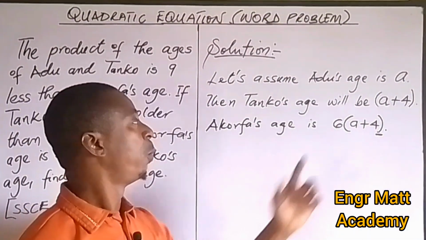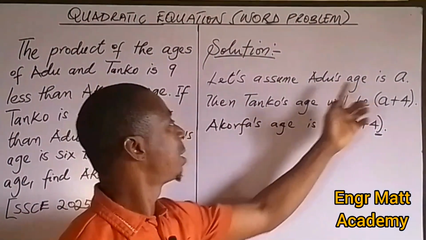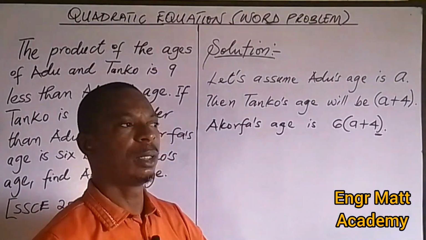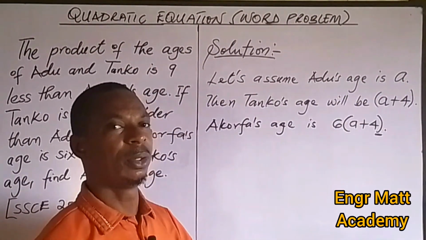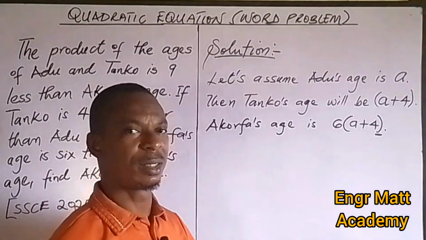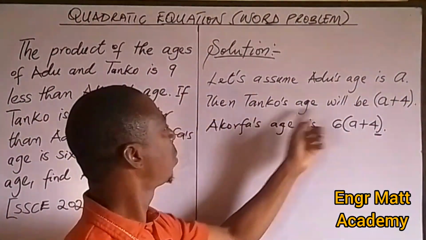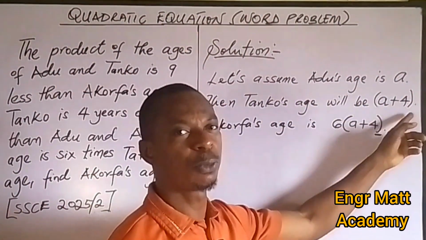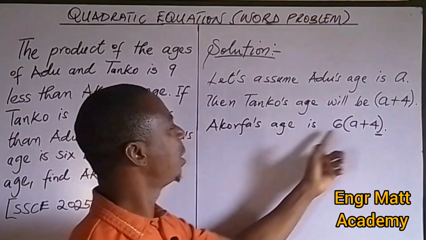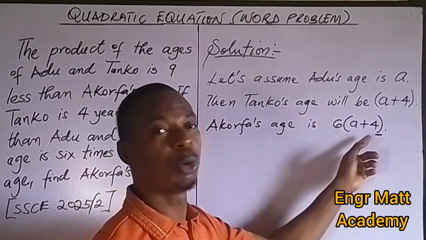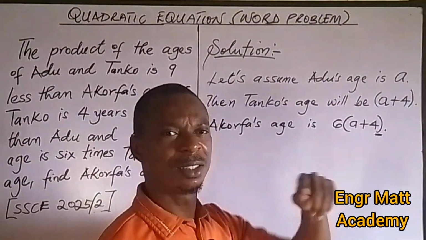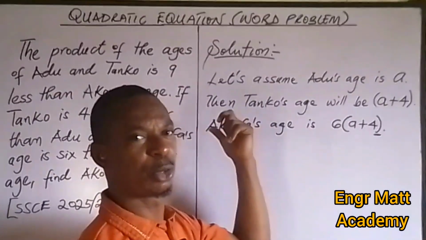Now, we have succeeded to represent their ages using unknown numbers or using an alphabet. So we now know that Adu's age is A, Tanko's age is A plus 4, and Akofa's age is 6 times A plus 4. Now let's see the beginning part of the problem.